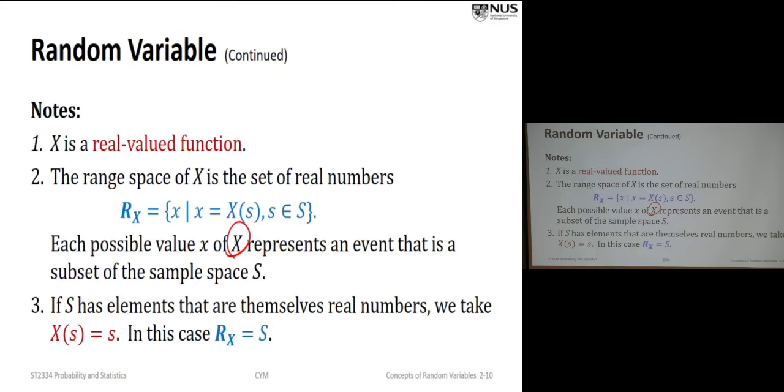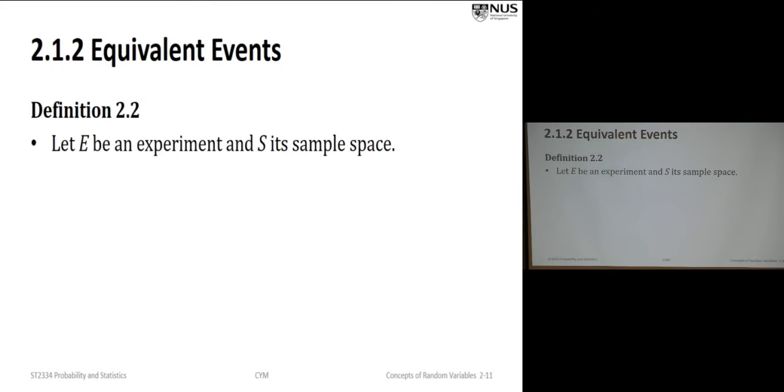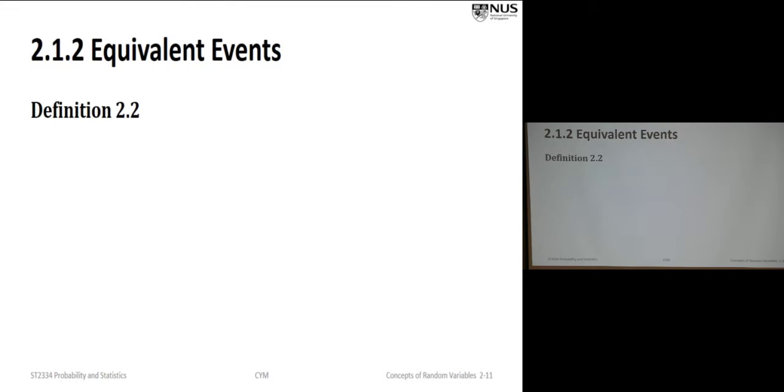So equivalent events try to link the random variable. I told you a random variable is just a variable, so it takes certain values with probabilities. But we try to link this to some experiment so we can appreciate what it means.